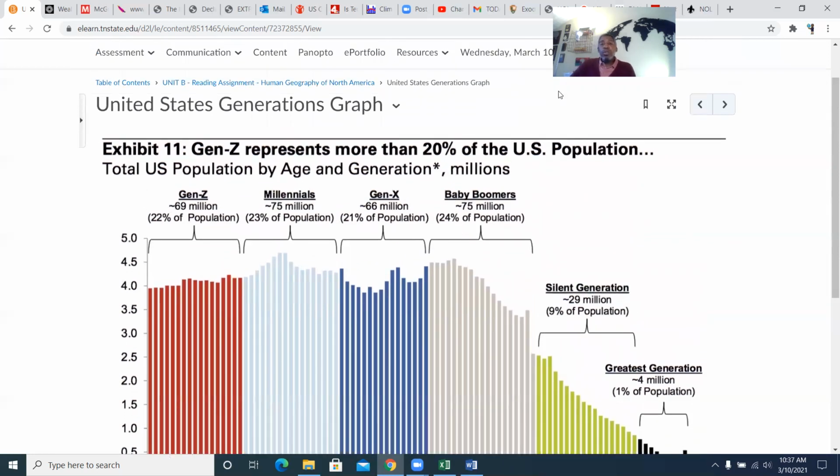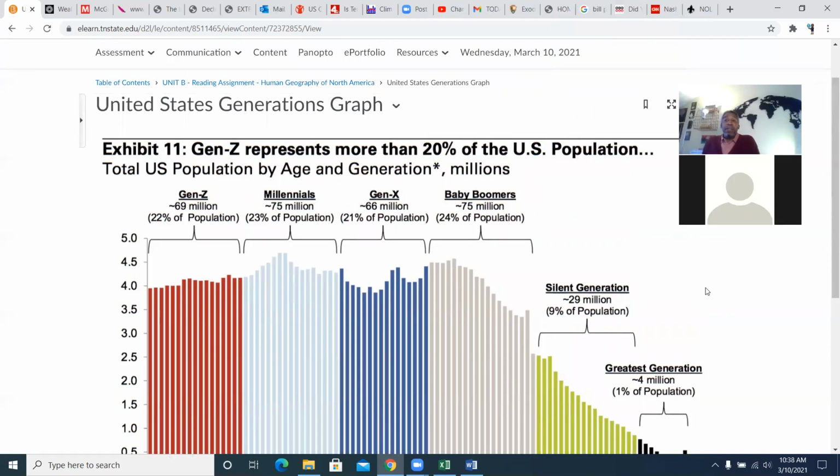So why would you or anyone need to know anything about these demographic breaks? Well, there are lots of reasons. We just had this hugely important election recently. Anybody who's involved in political strategy looks at this kind of data because these generations have different values oftentimes.